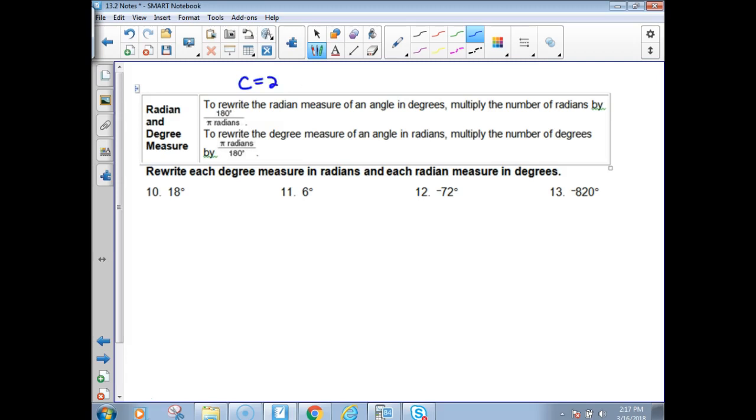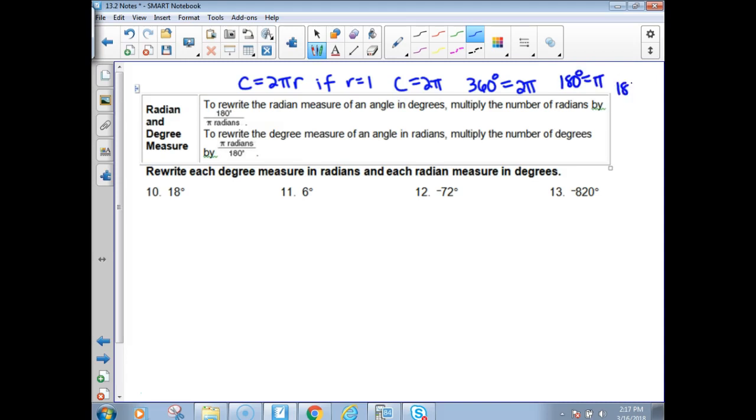Again, circumference of a circle is 2 pi times the radius. If r was equal to 1, then the circumference would be 2 pi times 1, or just 2 pi. If we replace 360 for the circumference, replace that into degrees, that would be 360 degrees equals 2 pi radians. And then we divided it out and got 180 degrees equals pi.